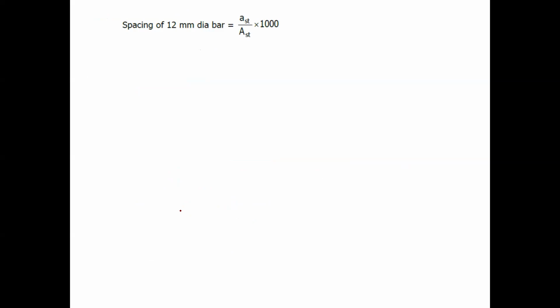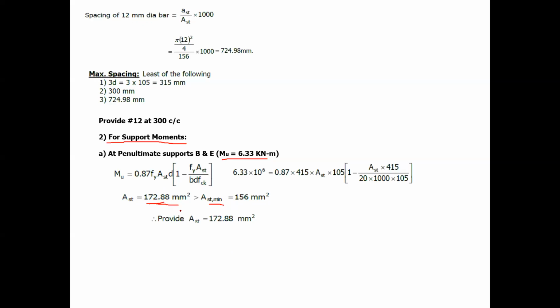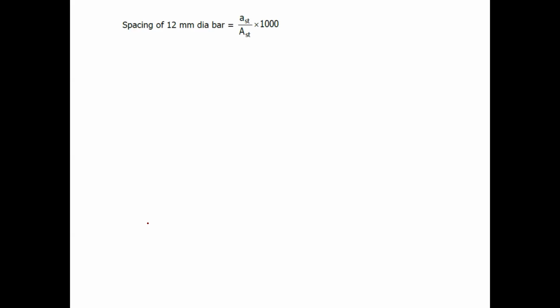Next. The previous slide, sir. Yes, Pooja? The previous slide, sir. Okay. If I'm going fast, let me know. I'll slow down. Yes, sir. Completed. Okay. Next, take down spacing of 12 mm dia bar is equal to small AST by capital AST into 1000.